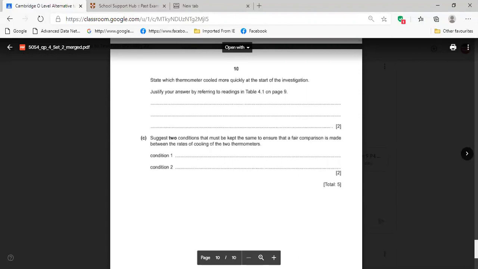Now, for these two questions, I am sending you the mark scheme. Then you can verify your answer later on, because after finishing this class, you can have some time to observe and assess your answer.